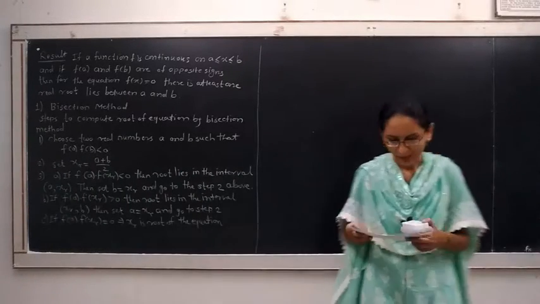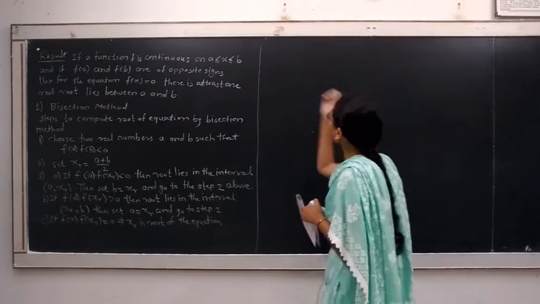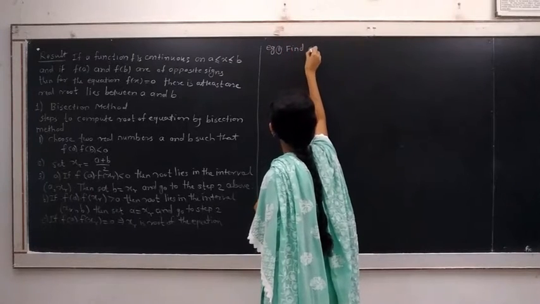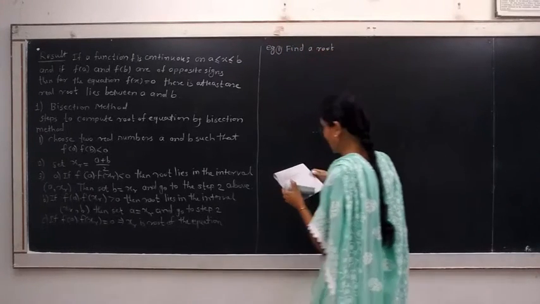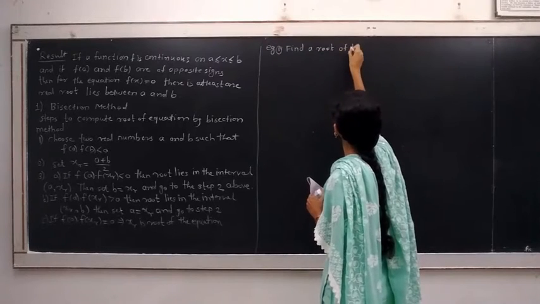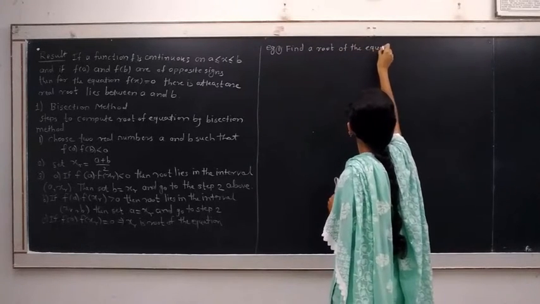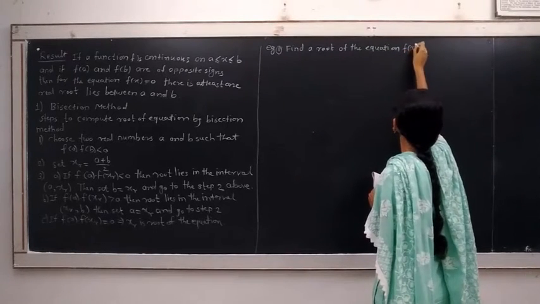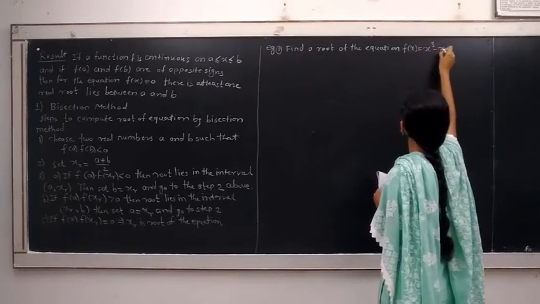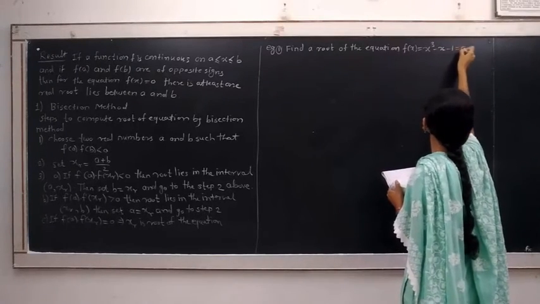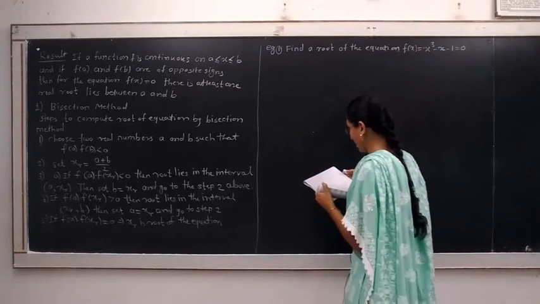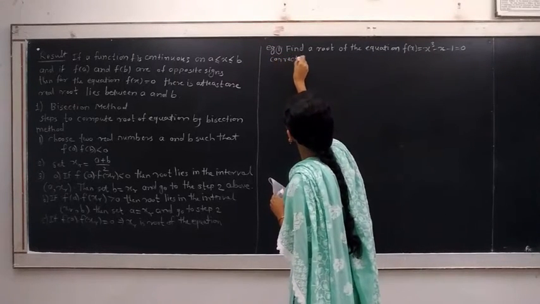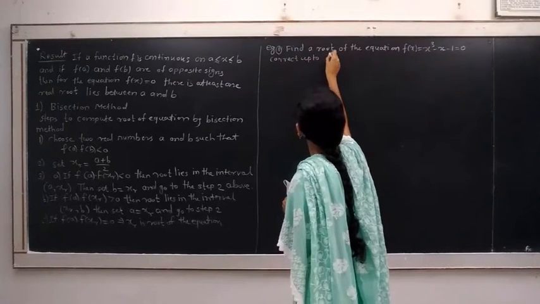The example is: find a root of the equation f(x) = x^3 - x - 1 = 0, correct up to 3 decimal places.